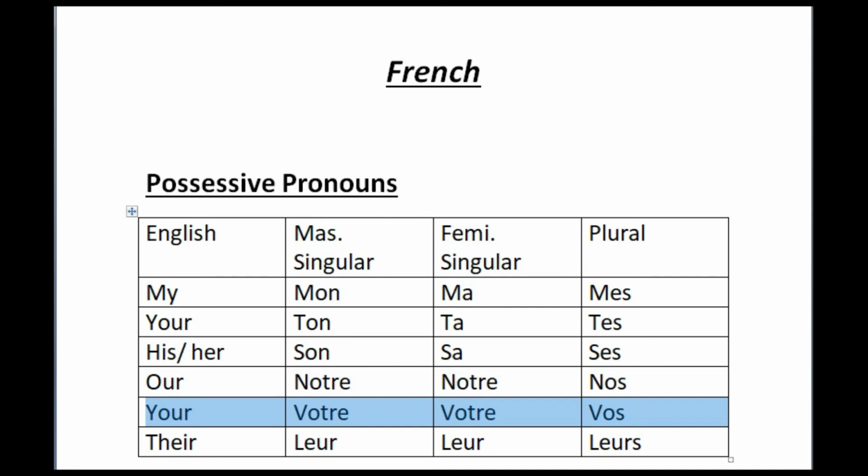Next is their. First we have leur. Leur is for both masculine and feminine singular, and for plural we have leurs. The pronunciation of all three is the same, but the spelling of singular and plural is different.